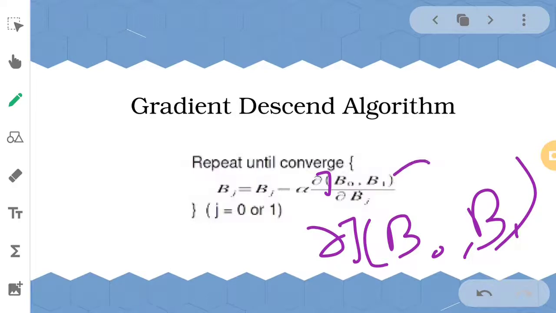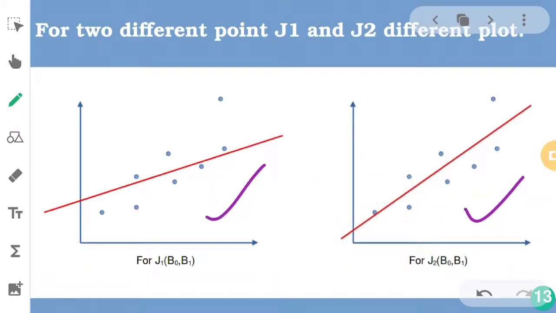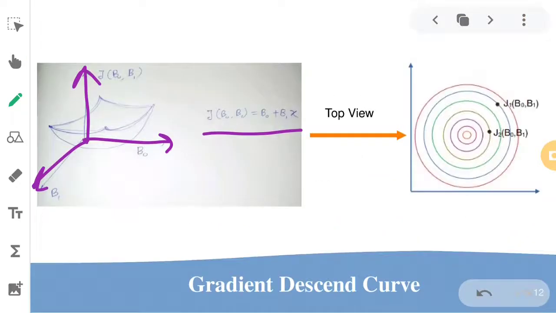This is a typing mistake. That means this point at the center is the best value of b0 and b1 in this case.